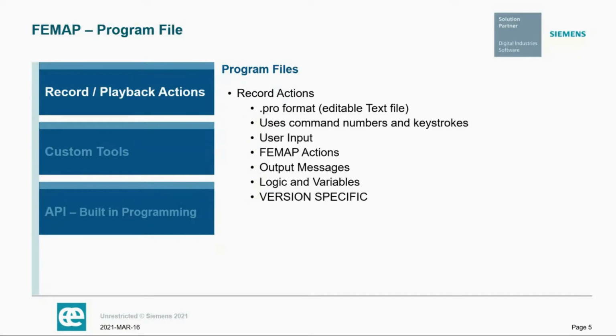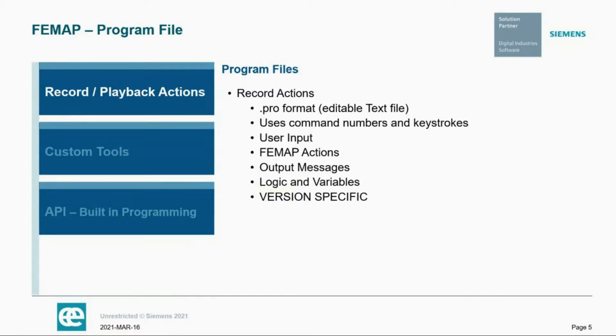One of the drawbacks of this particular style is that it's a simple tool, and if, for example, the menus that you use are changed between versions, then that particular program file will need to be updated. So this is a simple solution for simple repetition.